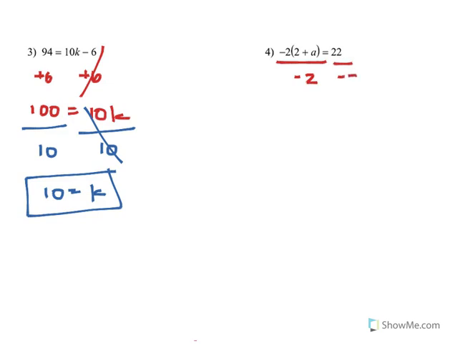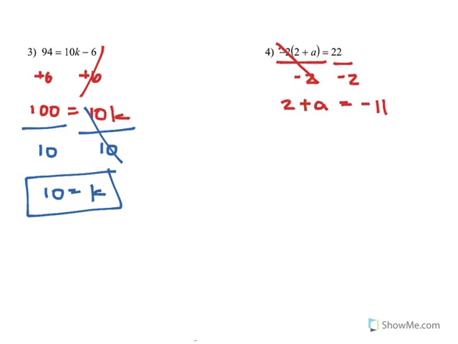Some of you might prefer to distribute, and that's okay, but I still want you to understand that negative 2 divided by negative 2 is going to cancel that out, so I don't need to worry about distributing here. Now when I simplify, all I'm left with is just 2 plus a is equal to 22 divided by negative 2, which is negative 11.